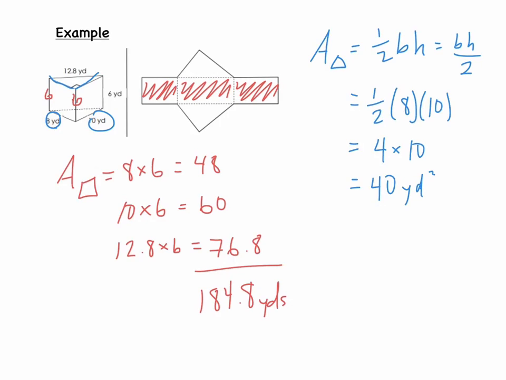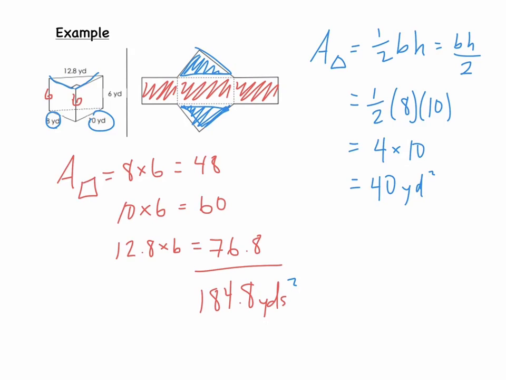yards squared. Now don't forget, how many triangles do we have? We have one triangle here, and we have another triangle here. So this 40 yards squared is only for one triangle. We have to figure it out for two triangles. So we have the 40 yards for this one right up here, and then we have to add another 40 yards.